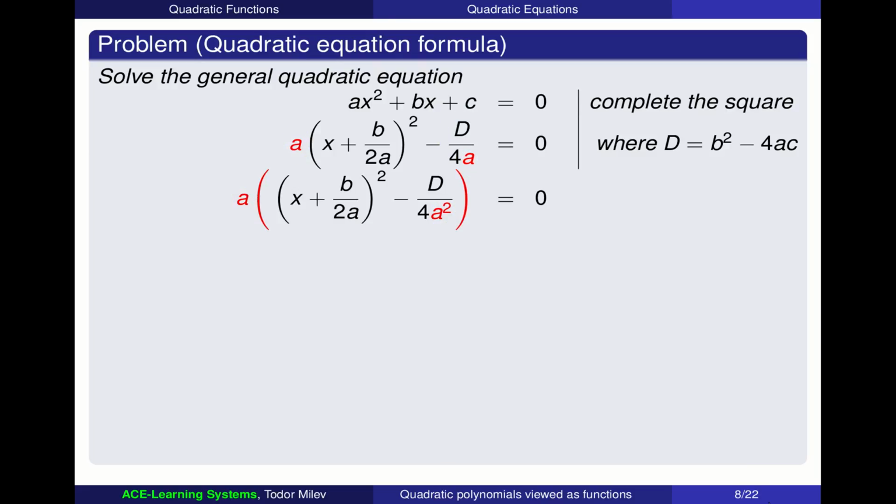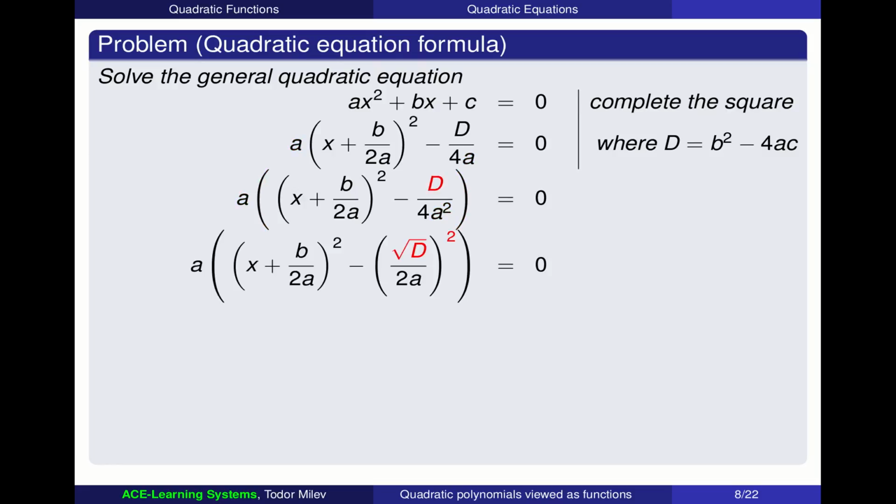What will we do next? The next thing we're going to do is we're going to take the term that you see here, d over 4a squared. So we're going to take that term and we're going to transform it into a square. How can we do that? So I'm taking that term that we see here, d over 4a squared, and I'm transforming it to this term here.